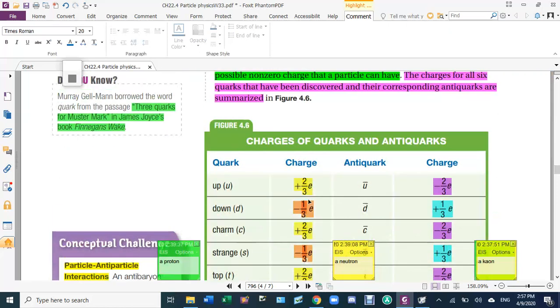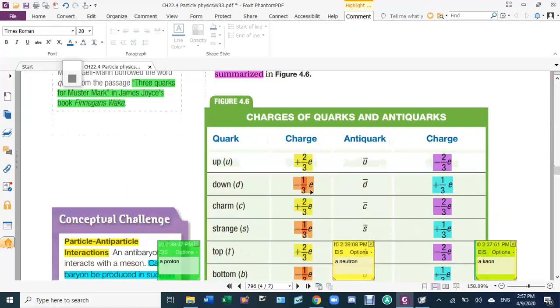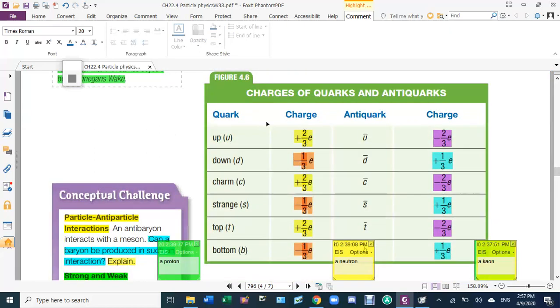Now we can summarize all previous information in the figures. Quark, charge, antiquark, charge. Up, down, charm, strange, top, bottom. The charges, and the antiquark charges.